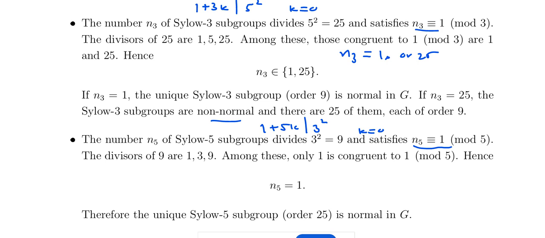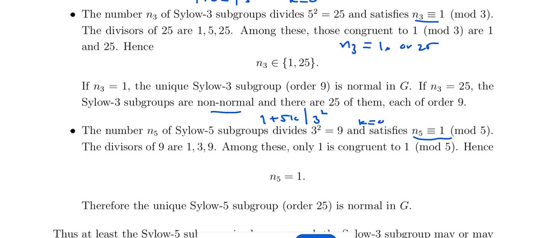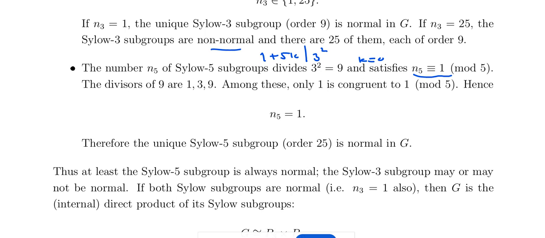As for its order, we can try to find out: the order is 25. So that one single 5-Sylow subgroup, of order 25, is normal in G. So at least the 5-Sylow subgroup is always normal, while the 3-Sylow subgroup may or may not be normal.